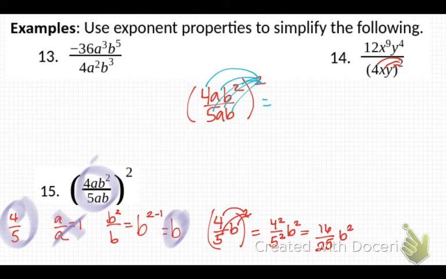So this gives me 4 squared a squared b to the what power? B to the 4th power, good. Over 5 squared a squared b squared. Does that make sense so far? Okay. So I can separate it the same way.